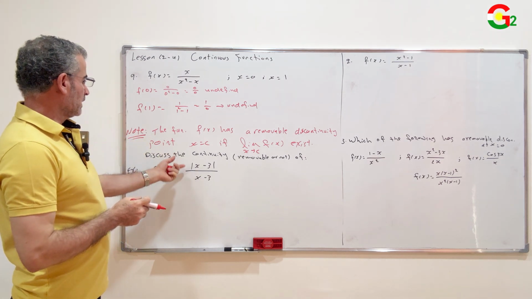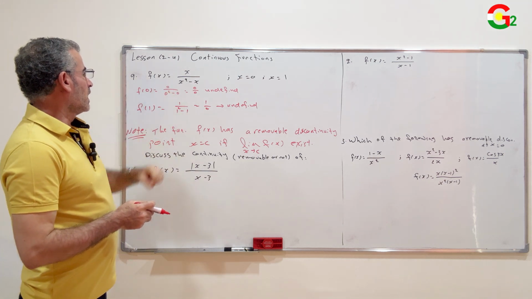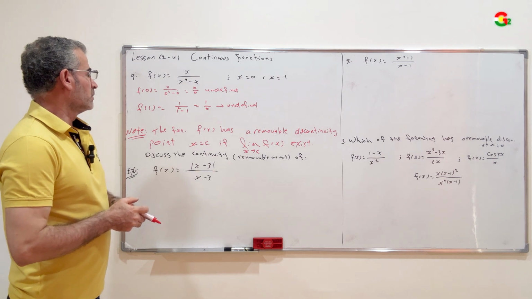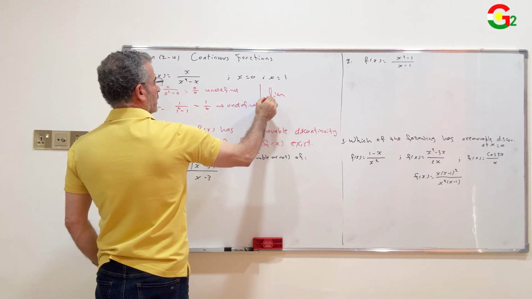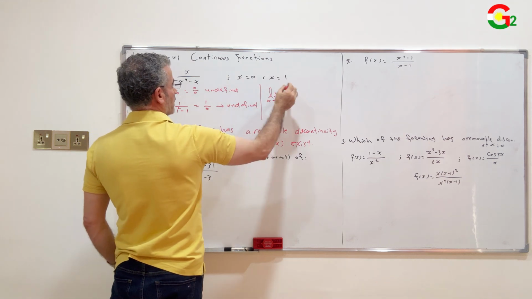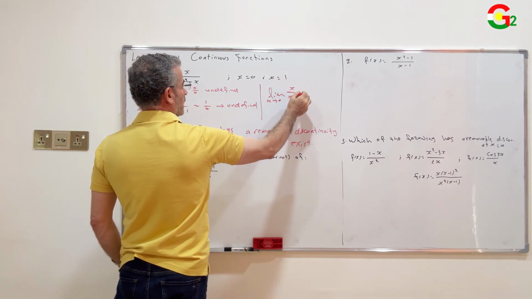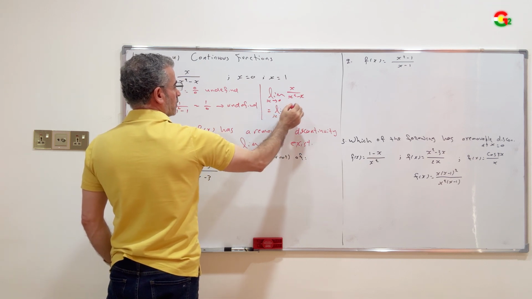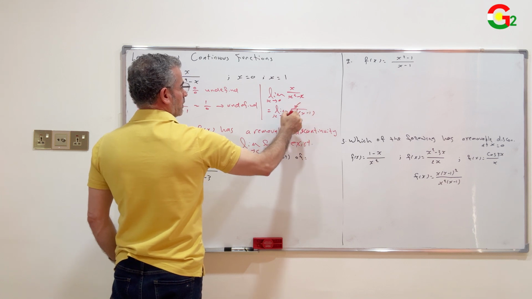But we will see later that the function has a removable discontinuity at x equals 0, since the limit when x approaches 0 of x over x squared minus x equals the limit as x approaches 0 of x over x times x minus 1.